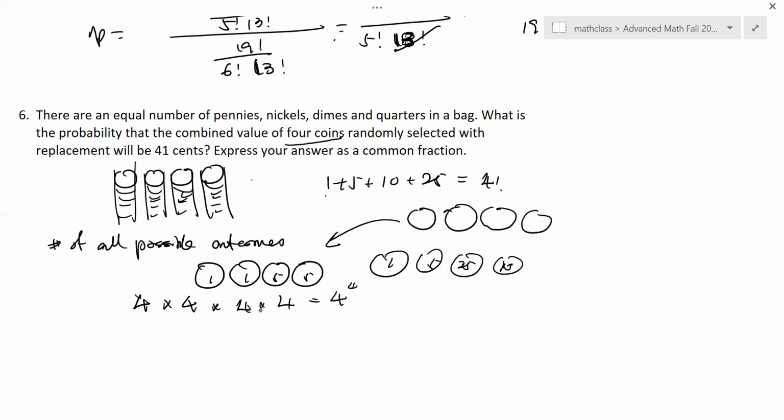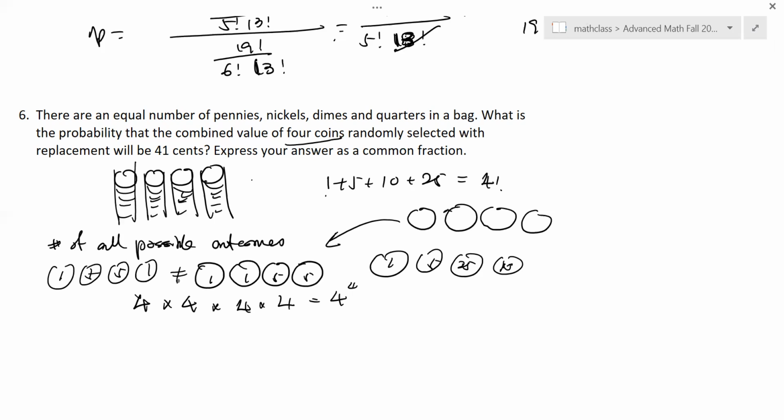So the number of outcomes will be the product of those 4 numbers, for example 1, 5, 25, 10. It's possible to have 1, 5, 5, 1. Those are 2 different outcomes, right?